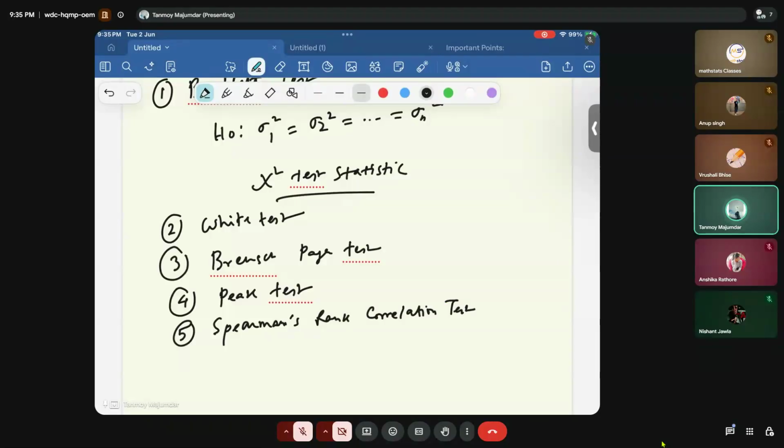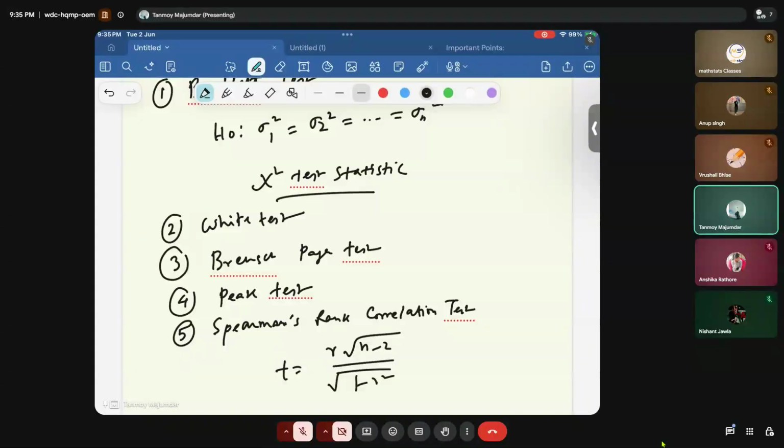In the Spearman rank correlation test, we compute the correlation and use it as a statistic, that is t equals r root of n-2 divided by root of 1 minus r square. This is the statistic we usually use for applying the Spearman rank correlation test.